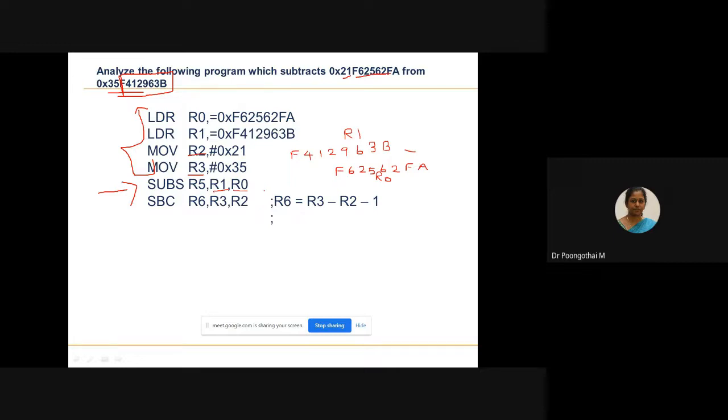Students, please do it in the hexadecimal calculator and tell me the answer. Yes, ma'am, doing it. So what is the answer after subtracting these two numbers? FDED 3341.